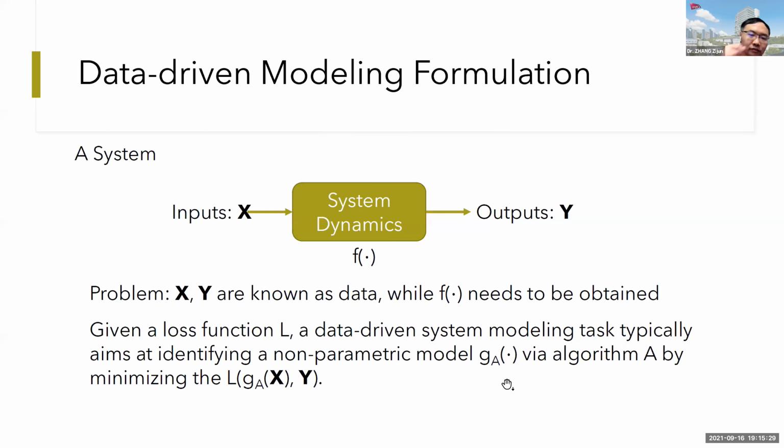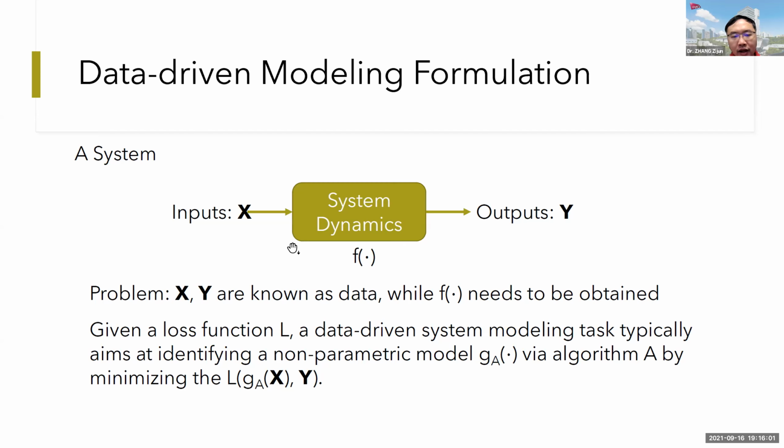All right, so let's look at the typical data-driven modeling formulation. First, a system or a process, which we have described, basically includes an input X, and you have some observed outputs Y. Then your target is to identify the function or system dynamics F. In this modeling formulation, the problem setup is very clear.